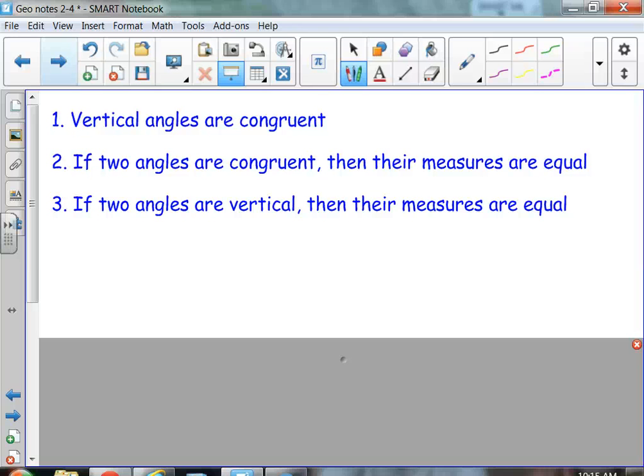So we know that vertical angles are congruent. We also know if two angles are congruent, then their measures are equal. If two angles are vertical, then their measures are equal. Can we say that?